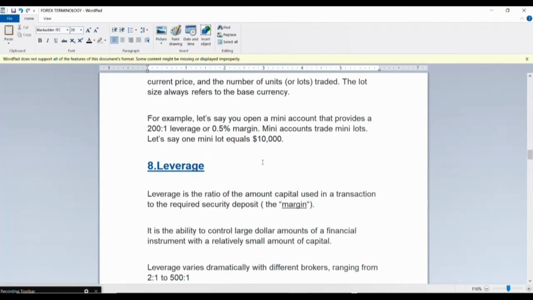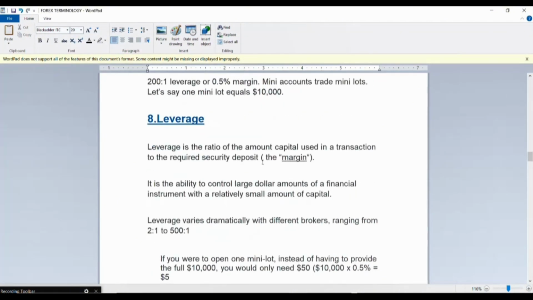Let us look at leverage. Leverage is simply an account multiplier. Remember, in the history of money, we said we could not have access to the big banks because we do not have capital. Brokers came up with this idea of saying, if you bring a small amount of money, I am going to multiply it so that you can add to your money and then have access to huge capital.